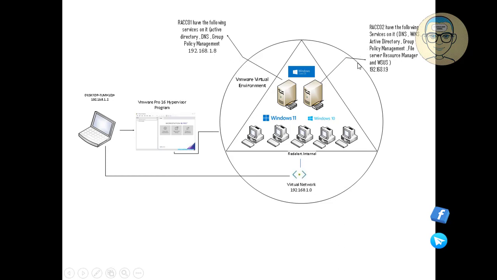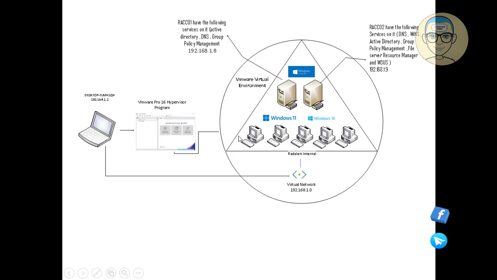And the other one will be the second, or additional, domain controller, which will have DNS, WINS, we don't have WINS here, Active Directory, Group Policy Management, File Server Resource Manager, and WSUS, and this will be 192.168.1.9.